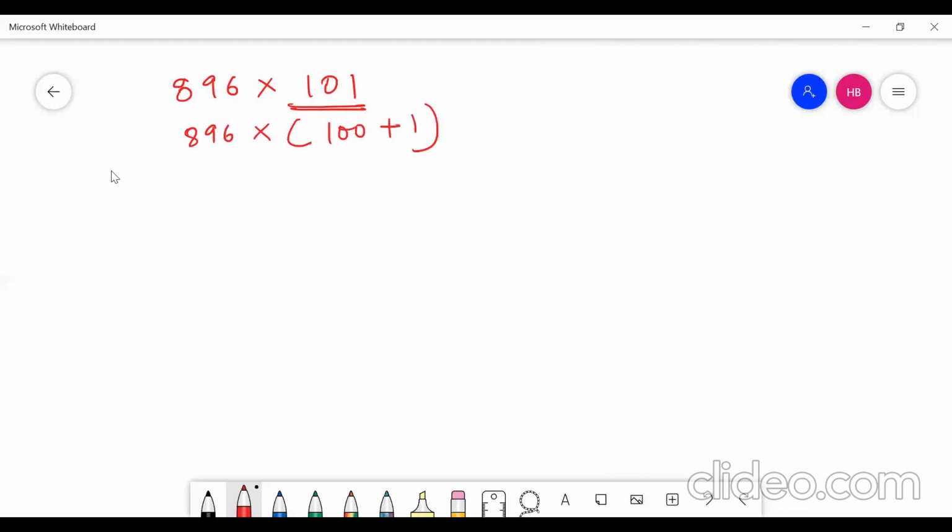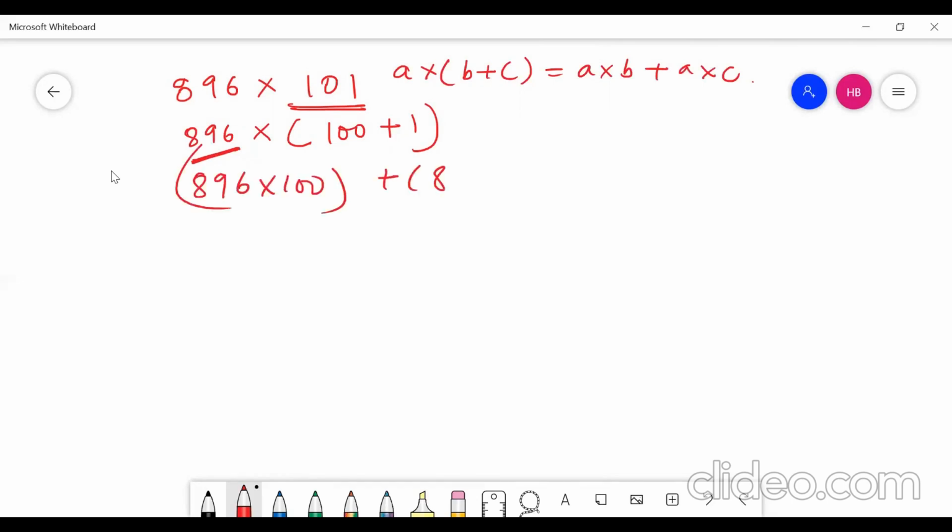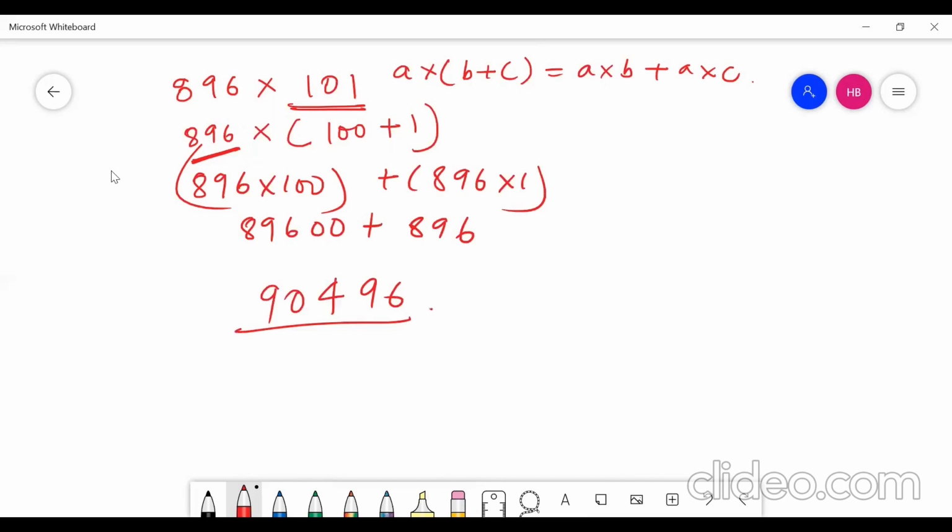Because it is easier to multiply the outside number with these numbers, right? Because I know what my distributive property is. A into B plus C is equal to A into B plus A into C, right? So now when I do 896 into 100 plus 896 into 1, which is 89600 plus 896, my answer will be 90496. That is my answer.